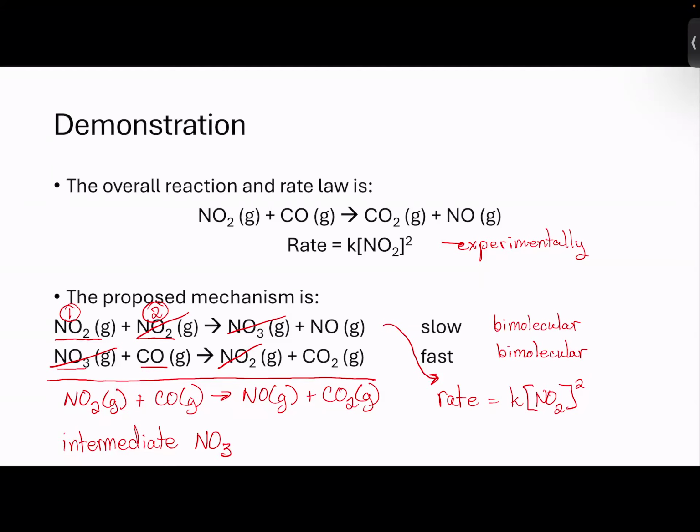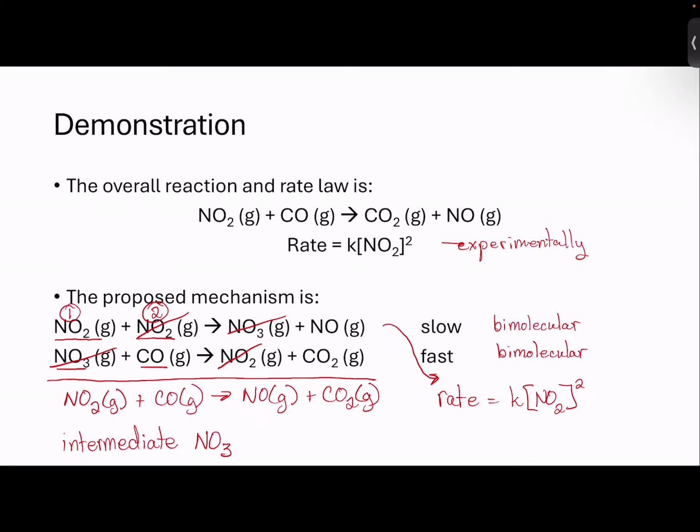So again, when you're dealing with the rate law of an elementary step, the rate law is related to stoichiometry. And so you can simply write the rate law based off of the stoichiometry.